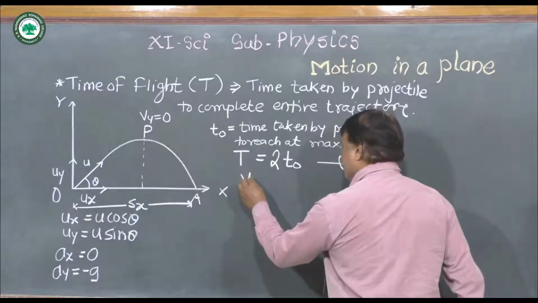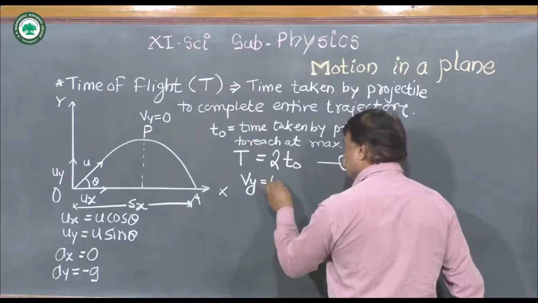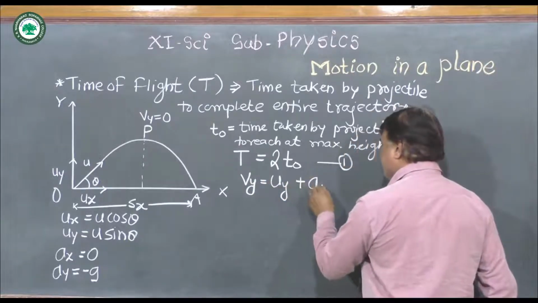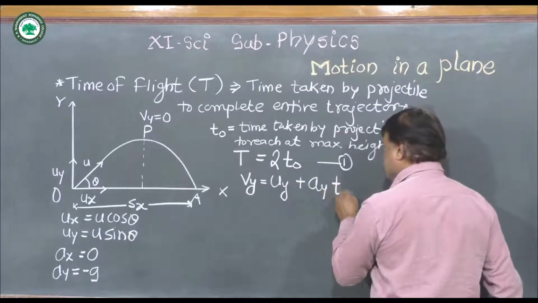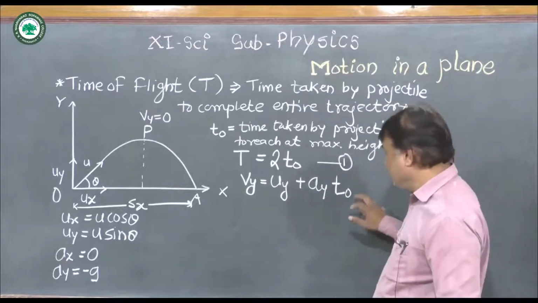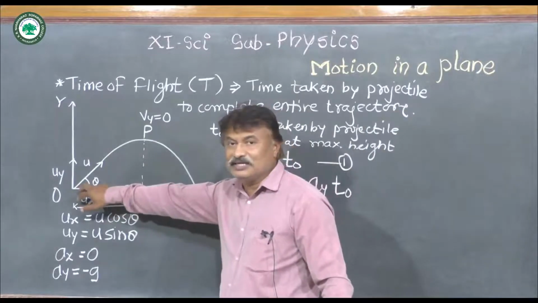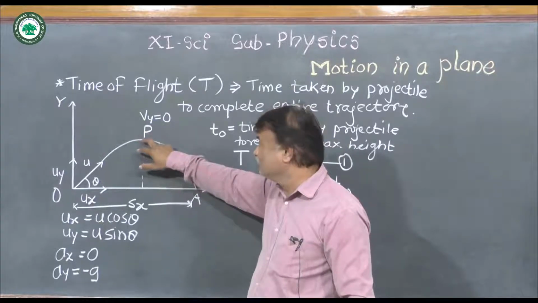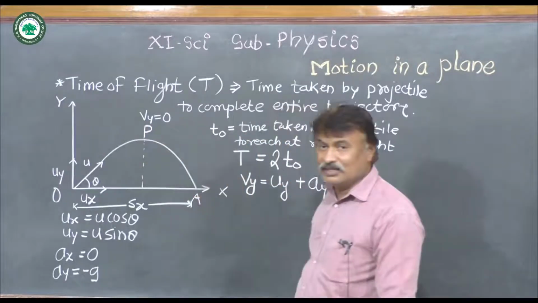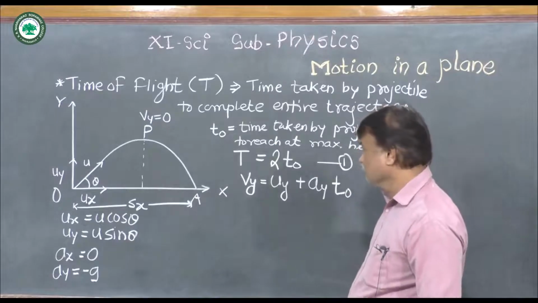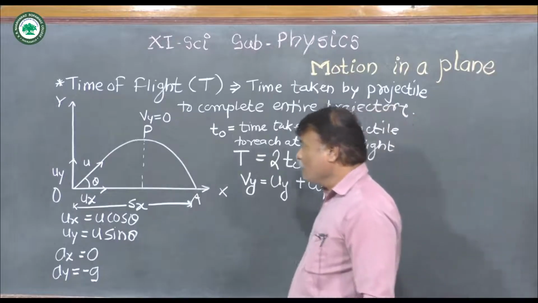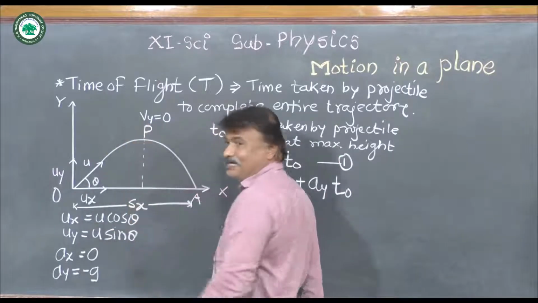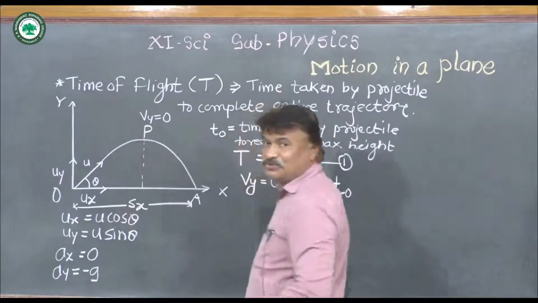So we get Vy is equal to Uy plus Ay into t0, where t0 is the time taken by the projectile to reach maximum height. Also this t0 is the time taken by the projectile to reach from maximum height to ground. Now when it reaches maximum height, its velocity Vy is equal to 0.